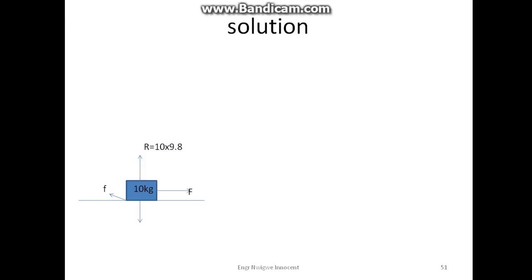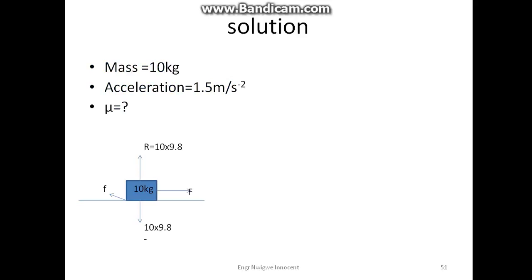Looking at the diagram, you see that the body of 10 kg resting on the plane surface is being dragged back by a resistance force that will make it slide back. Then the normal reaction is mass of the body times acceleration due to gravity.